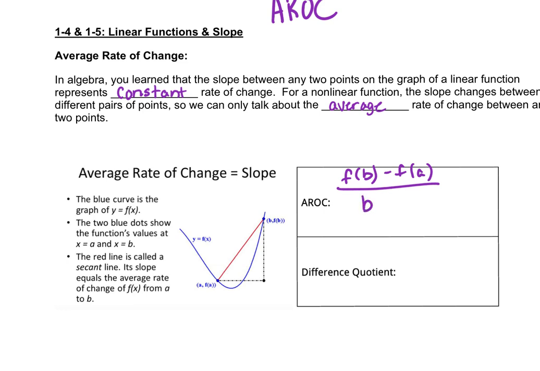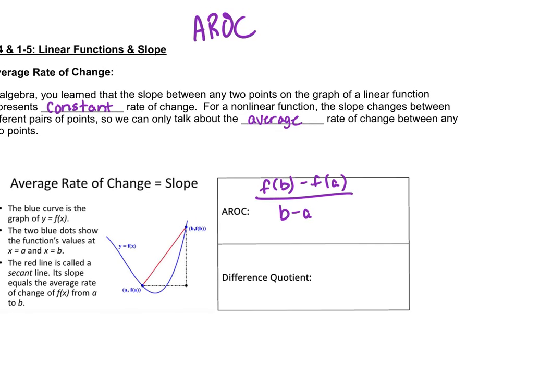Then we divide it by the difference between the second minus the first term. Guys, what does that sound like? What is that really? That's our slope formula. So y2 minus y1 over x2 minus x1, or however you want to write your slope formula.